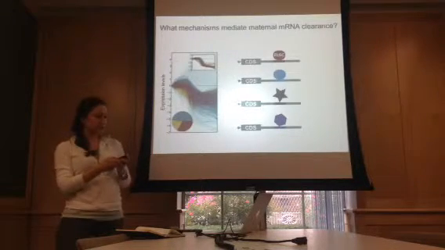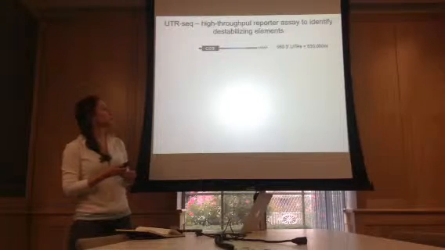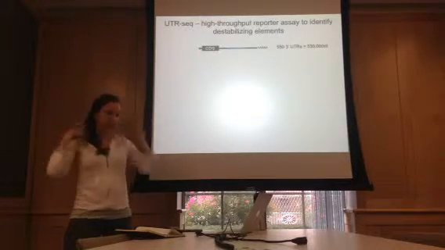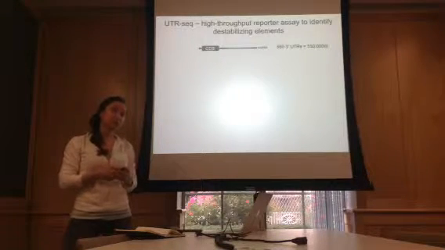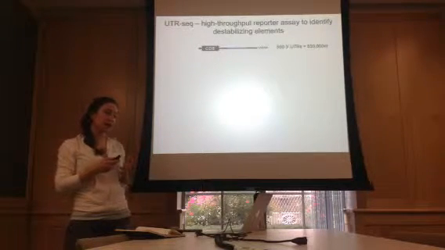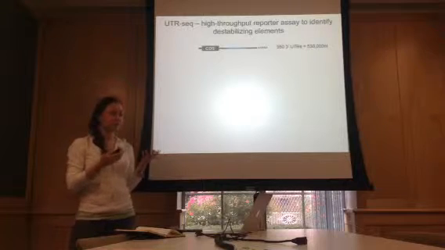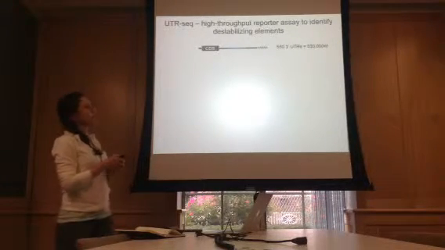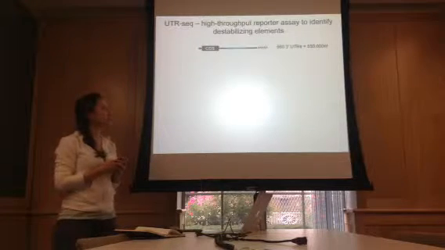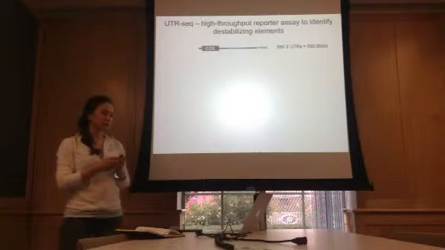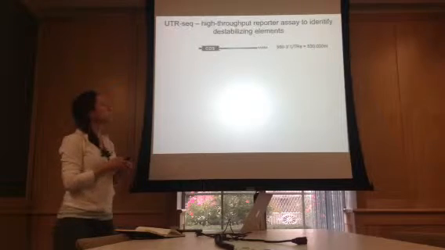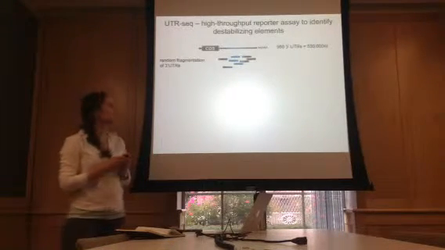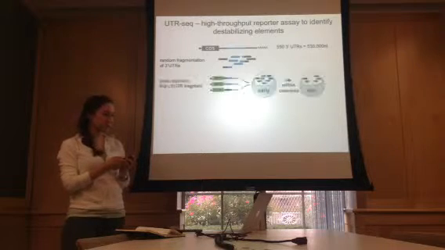To do that, we developed a high-throughput strategy to look specifically in the 3' UTRs and search for destabilizing sequences. We picked our top 500 genes that are regulated in a miR430 independent fashion. We isolated their 3' UTRs and fragmented them into 100 nucleotide fragments.